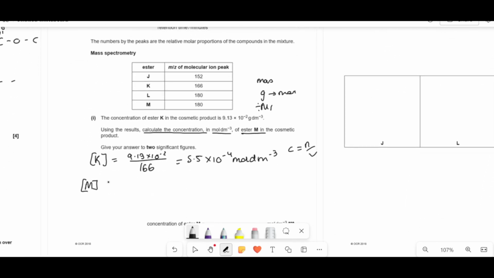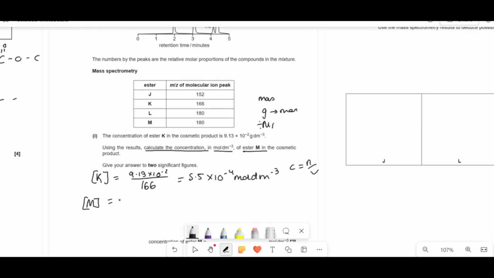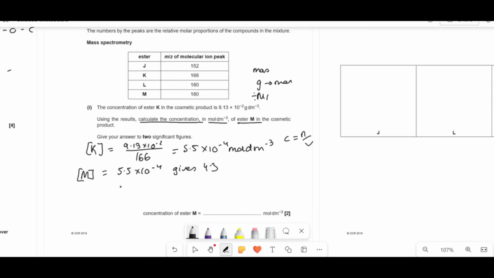If we think of it as this being 4.3 shares and this being 5.9 shares, we need to find out how much one share is. This 5.5 times 10 to the minus 4 gives a relative area of 4.3. If I were to do 2 times this, it'd be 2 times that.